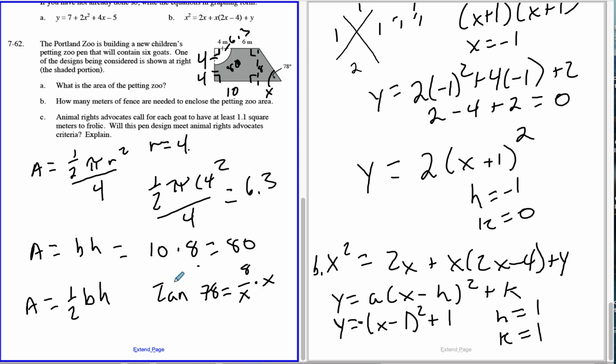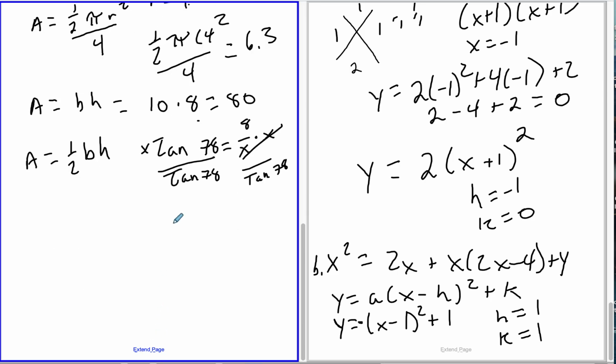Multiply both sides by x, then divide by tan of 78. I get x equals 8 divided by tan of 78.